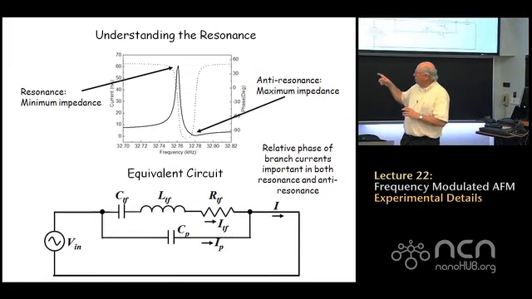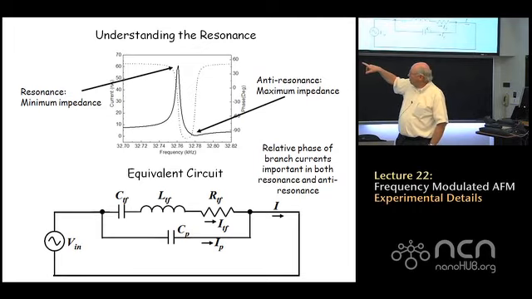The upper branch is the branch that models the actual tuning fork itself. It has a capacitance, an inductance, and a resistance that have to be determined for each tuning fork that you use, for each class of tuning forks that you use.